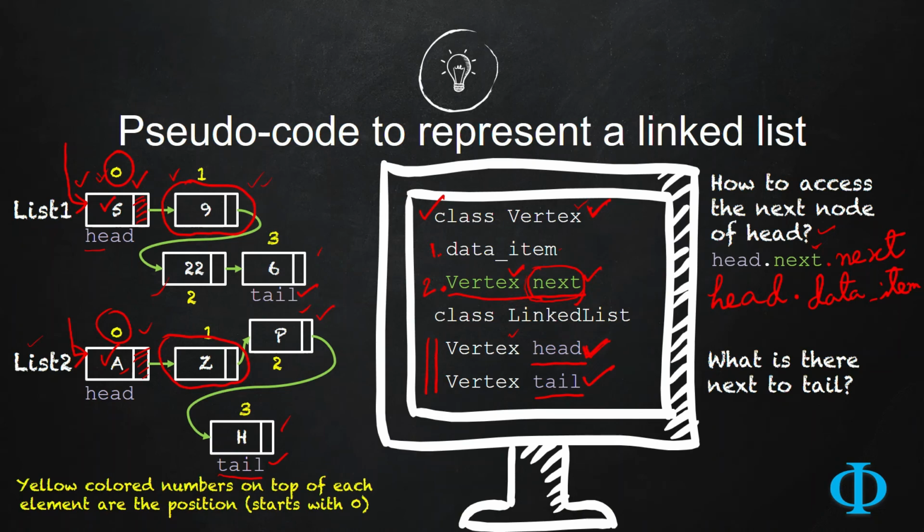What we normally say is that the next node of tail, the next pointer of the tail, which is this one or this one, points to null, which can be visually represented like this. This is called null. So this is how we can represent a linked list in a computer.